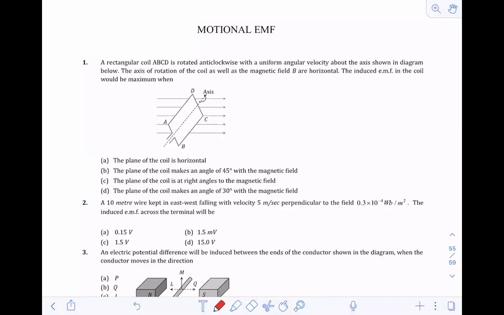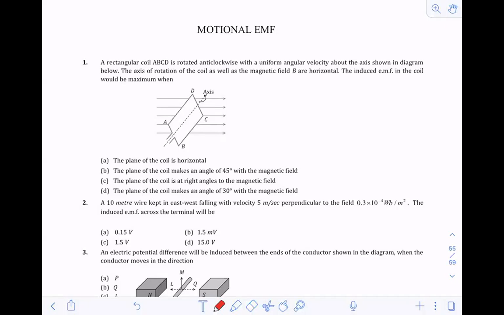The first question is in front of you. Just start solving this one. A rectangular coil ABCD is rotated anti-clockwise with a uniform angular velocity about the axis shown in the diagram below.